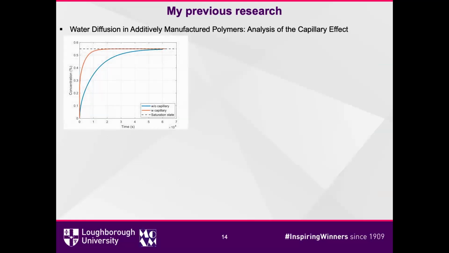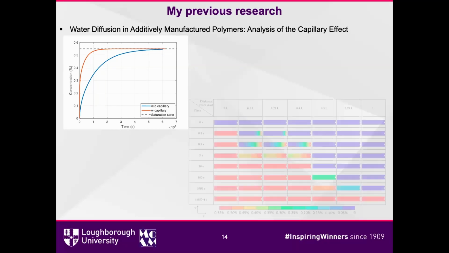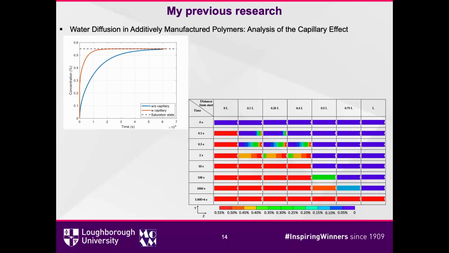As we could see here, with the capillary, the time that the water reaches a saturation state is significantly accelerated. And here is the process and the result from Abaqus.